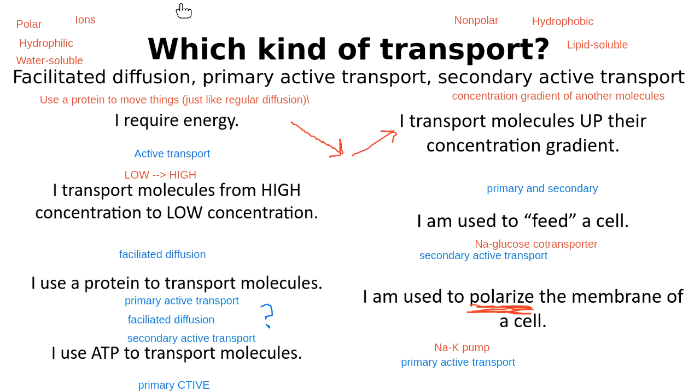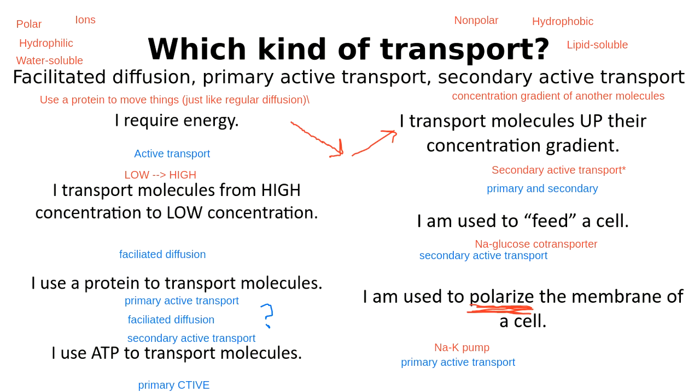So this is why I purposefully put things like this on the stuff we talk about together. So you could put secondary active transport with a little star, with an asterisk to remind yourself when we talk about things going up, one thing that moves, one thing does go up, that's correct, but the other thing actually goes down.